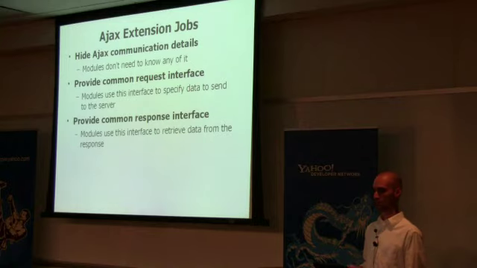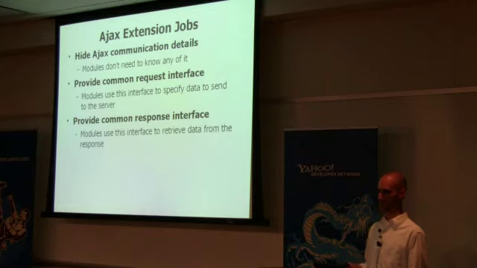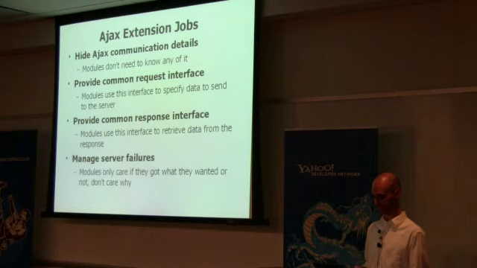Common response interface. So you don't really want to take exactly what was passed back by the server and hand it to the module, because that might change. So you want to have some good intermediary format that you know handles all of your capabilities. And manage server failures. Again, modules don't care why they didn't get what they were asking for, just that they didn't get it.